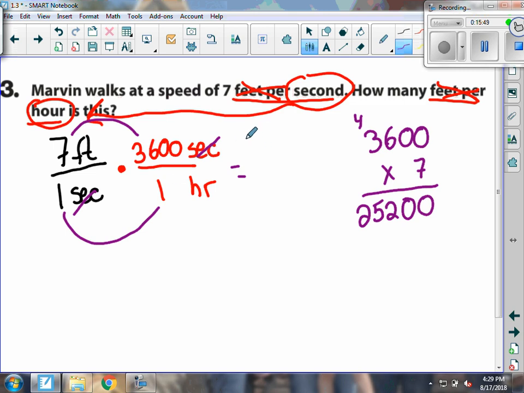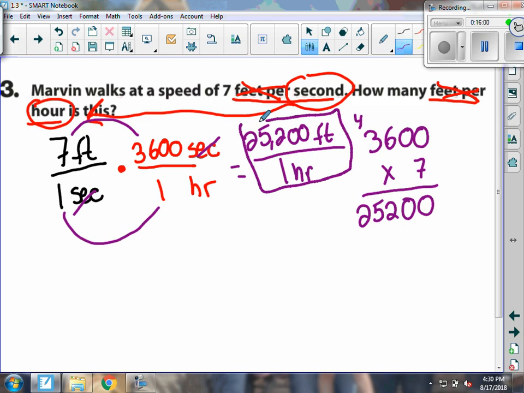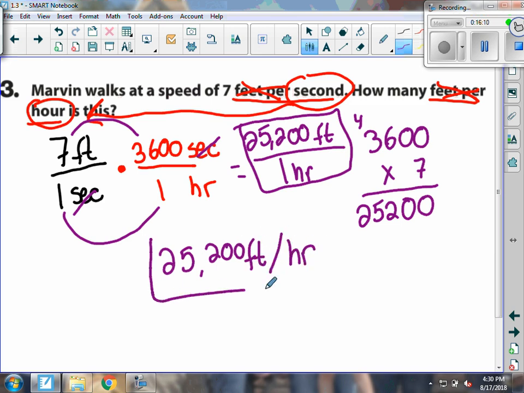So this is equal to 25,200 feet over 1 hour. What's the other way we can write this? But you could also write it as 25,200 feet per hour. Both of those are correct, so you can use either one.